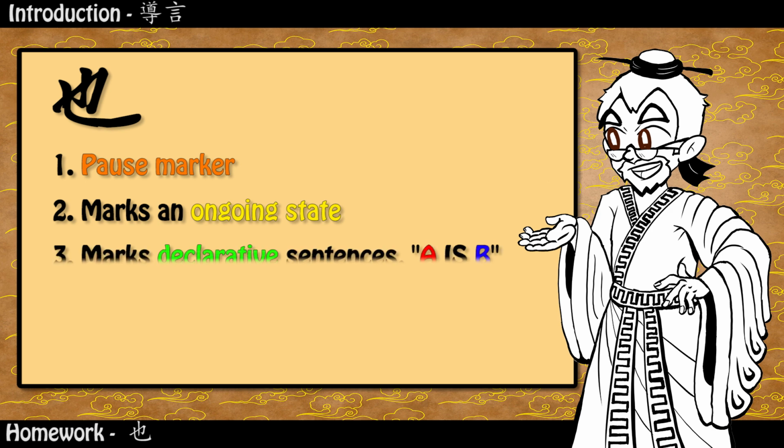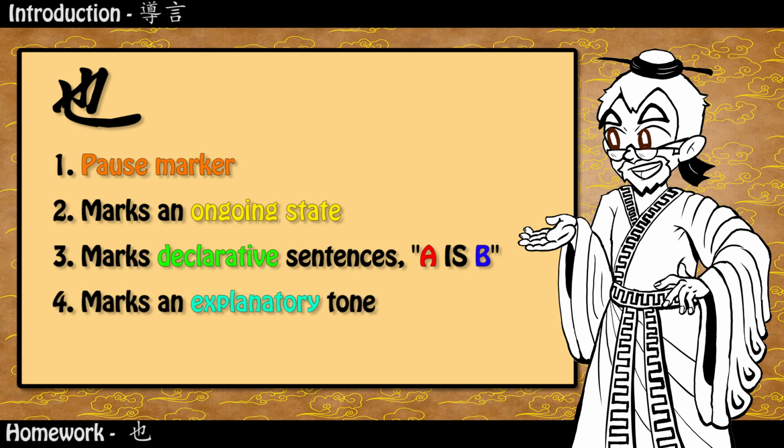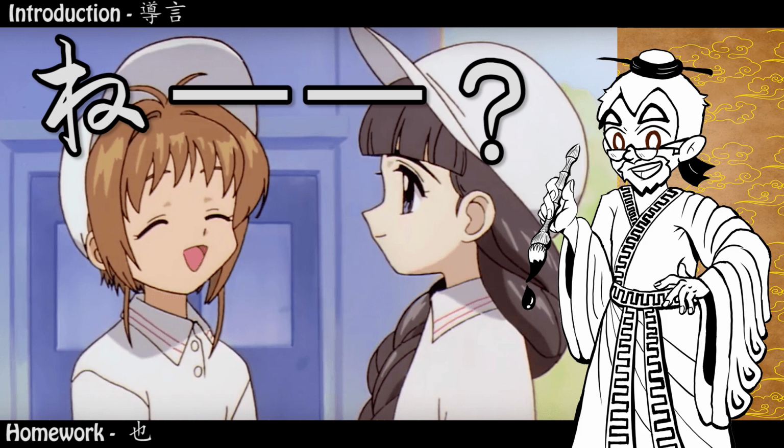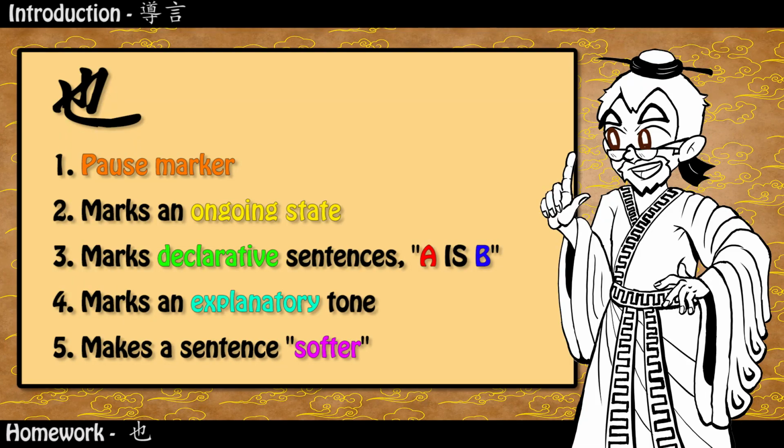Also, it can mark declarative sentences, something is something else. On top of that, ye can also have an air of telling or unriddling, making something clear to the listener, or it might make a statement softer, like the modern Mandarin particle ne, Japanese ne, or British English in it. As you can see, the mighty readings are many, and at times can be tricky to render into English.